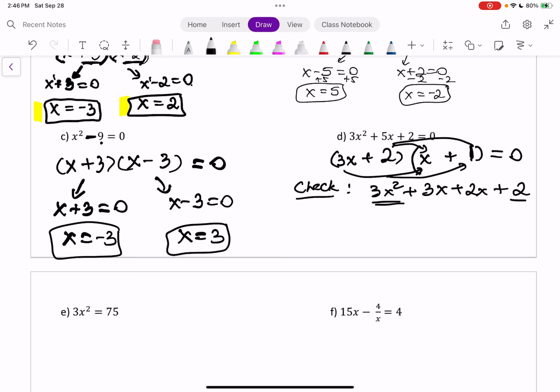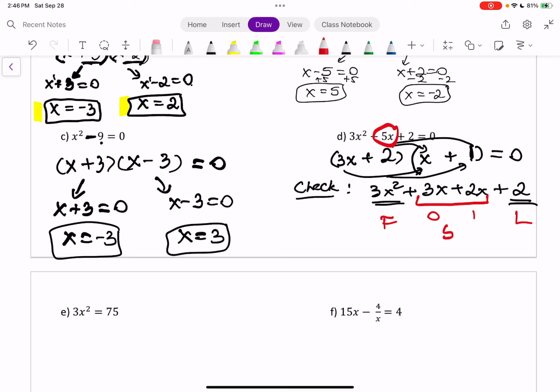Now, these first and last are going to be 3x squared and 2 because you chose these numbers to multiply to 3x squared and the 2. But what you need to check is really just the O and I of FOIL. And you need to check, do these 2 middle terms add up to this 5x in the middle?